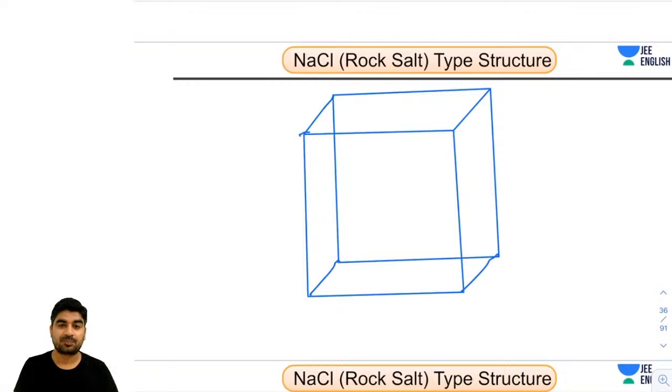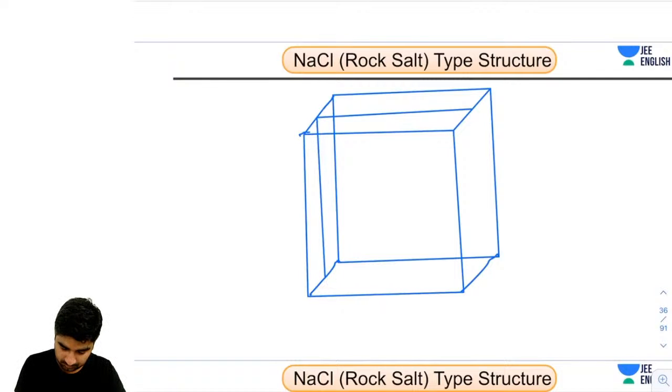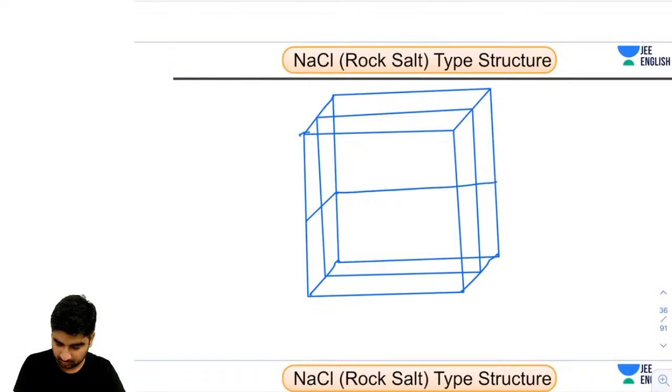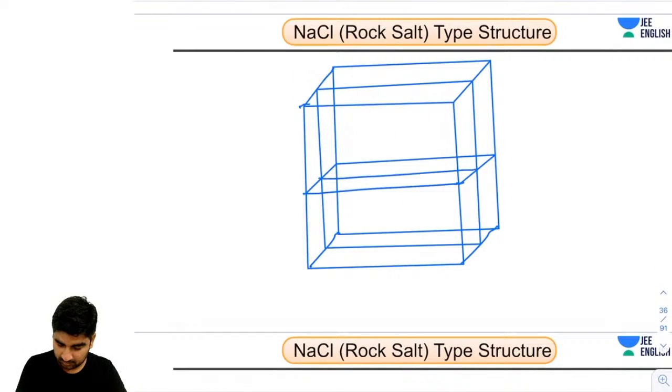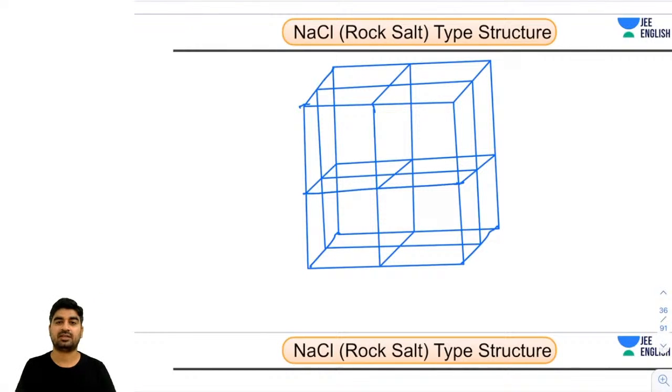Yes, this is one cube, guys, and now I'm dividing it into 8 parts. I've divided this cube into 8 parts.